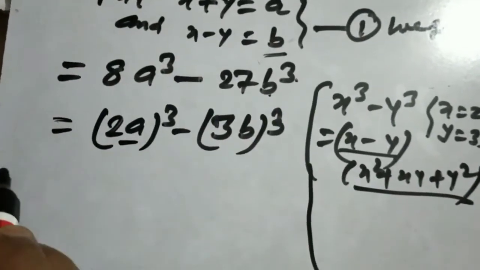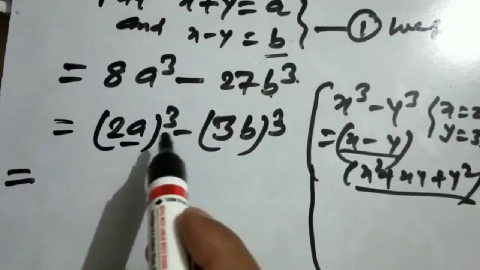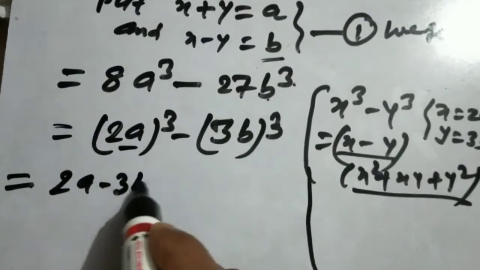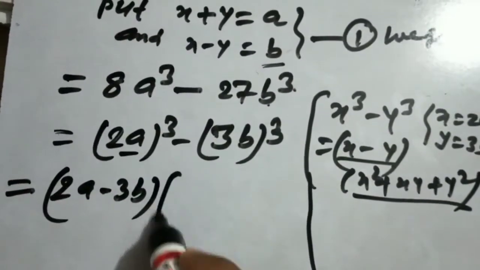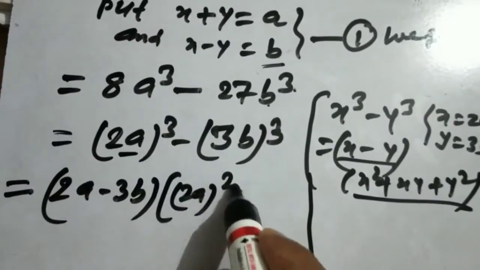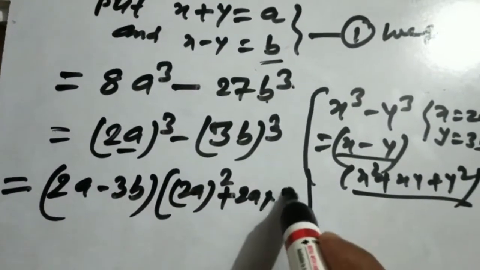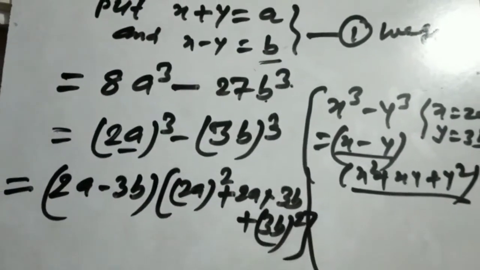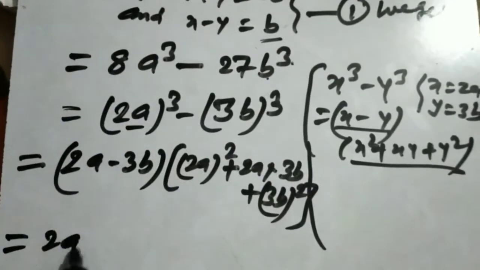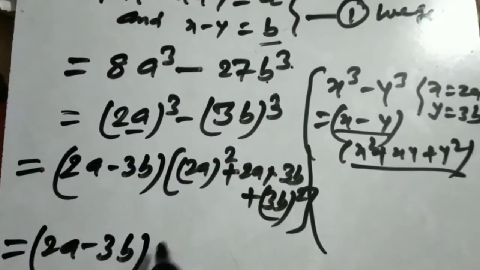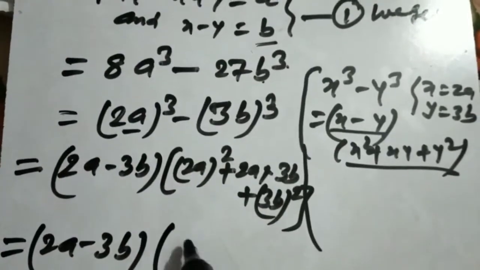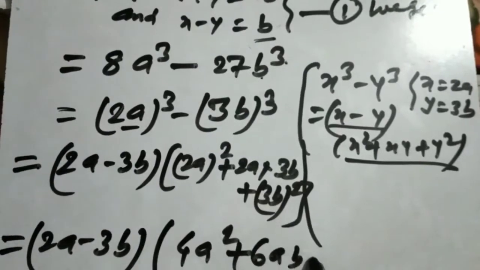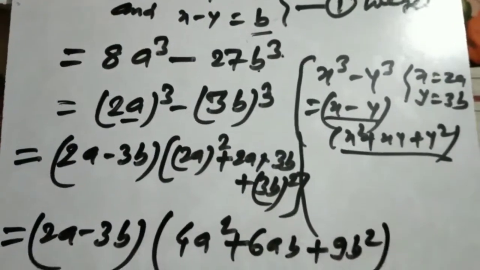So it will be 2a minus 3b, and then here will be (2a) square plus 2a into 3b, and then (3b) square. Then it will be 2a minus 3b, and then we have 4a square plus 6ab, and then 9b square.